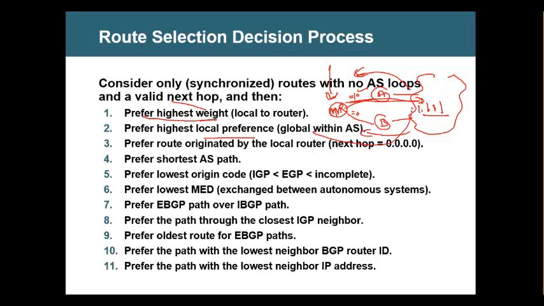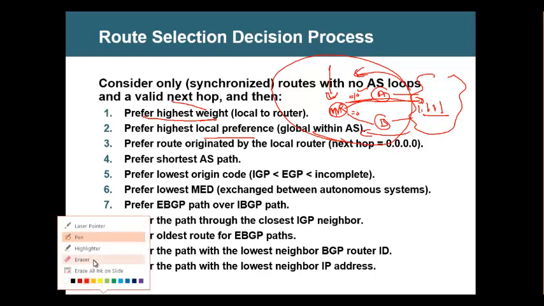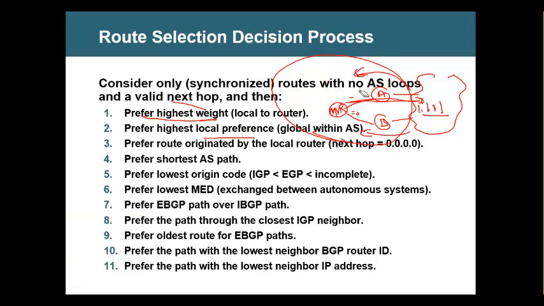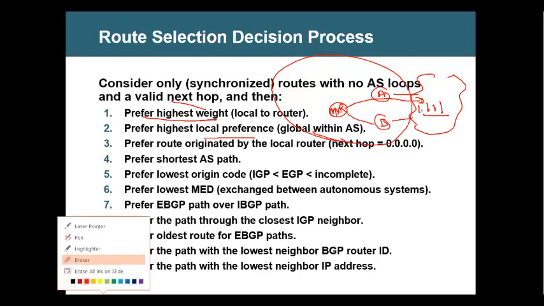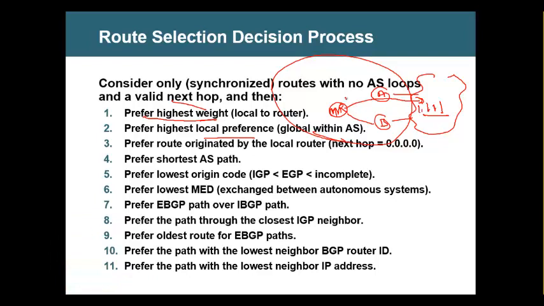For example, if this is an autonomous system, I'm going to set a high local preference here.